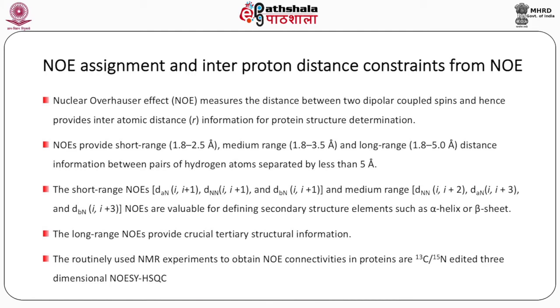The long range NOEs provide crucial tertiary structural information. The routinely used NMR experiments to obtain NOE connectivities in proteins are C13 or N15 edited 3-dimensional NOESY and HCCH-TOCSY experiments.